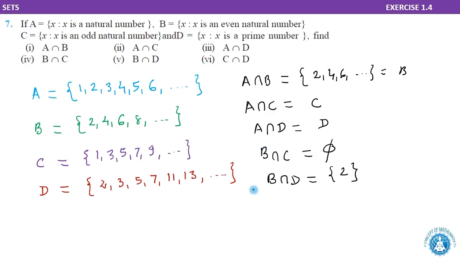And the next one is C intersection D. 1 will not be there, 2 will not be there, starting from 3, 5, 7. All prime numbers other than 2 are odd numbers, so it would be set D only, I think.